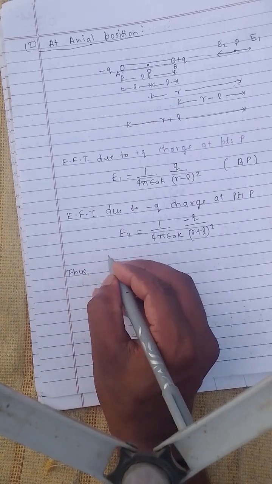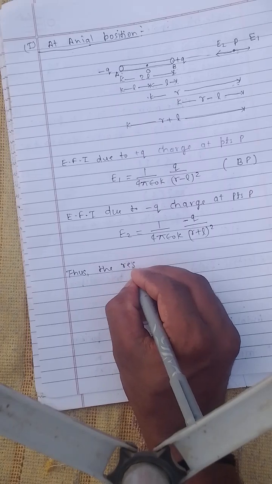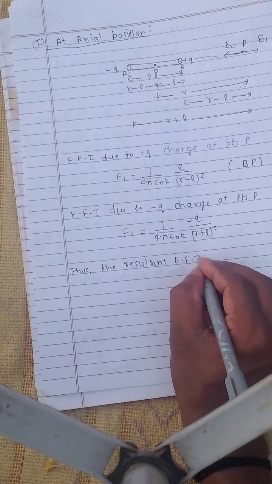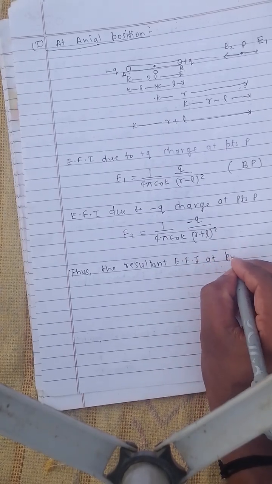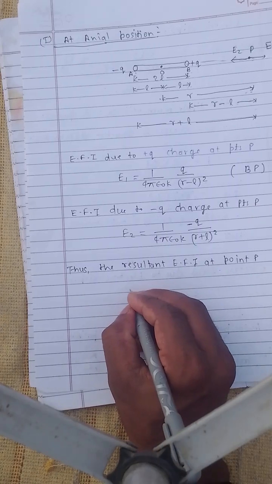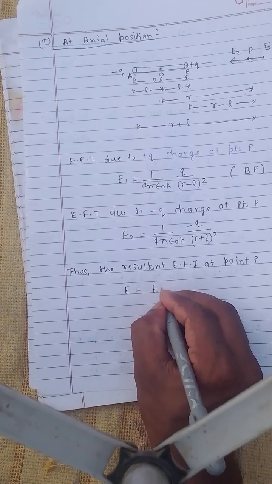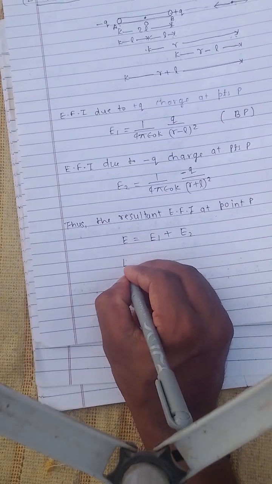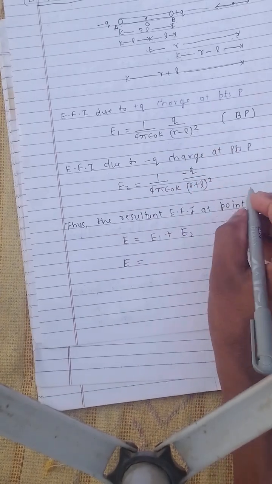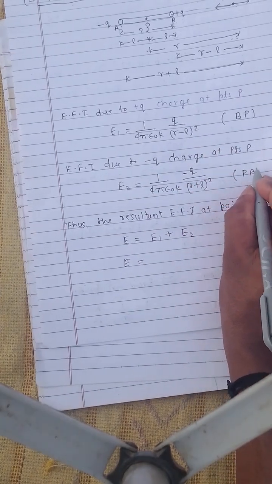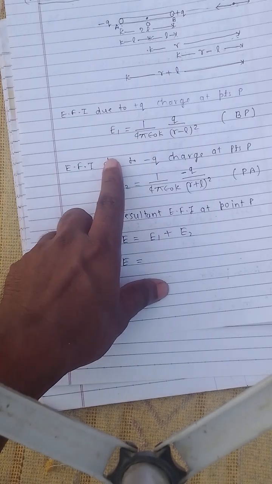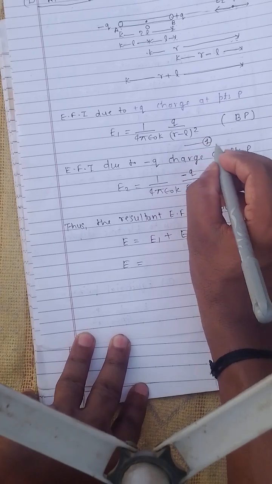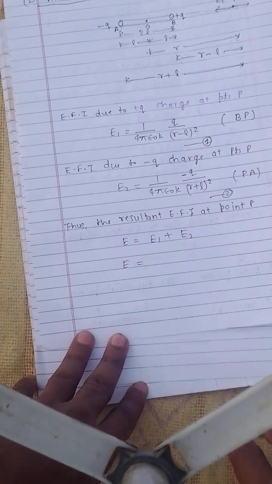Thus the resultant electric field intensity at point P is E equals E1 plus E2, and its direction is PA. We can write these as equation first and equation second.